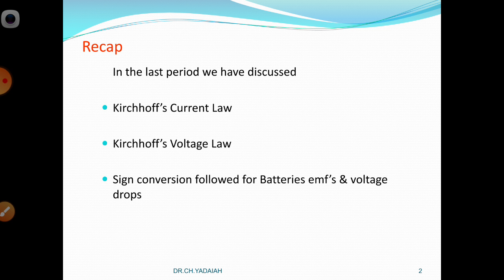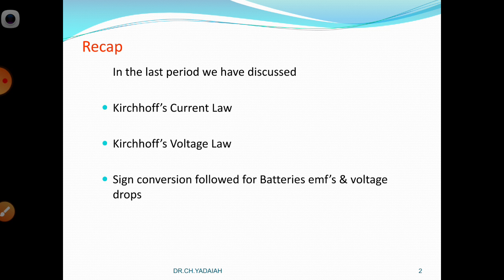If both are in the same direction, we take the drop value as negative, and if the directions are opposite, we take it as a positive value while writing our equations. At the same time, in voltage sources also, from negative to positive, a rise in voltage, we take as positive. From positive to negative direction, a drop in voltage, we take as a negative sign in case of voltage sources.